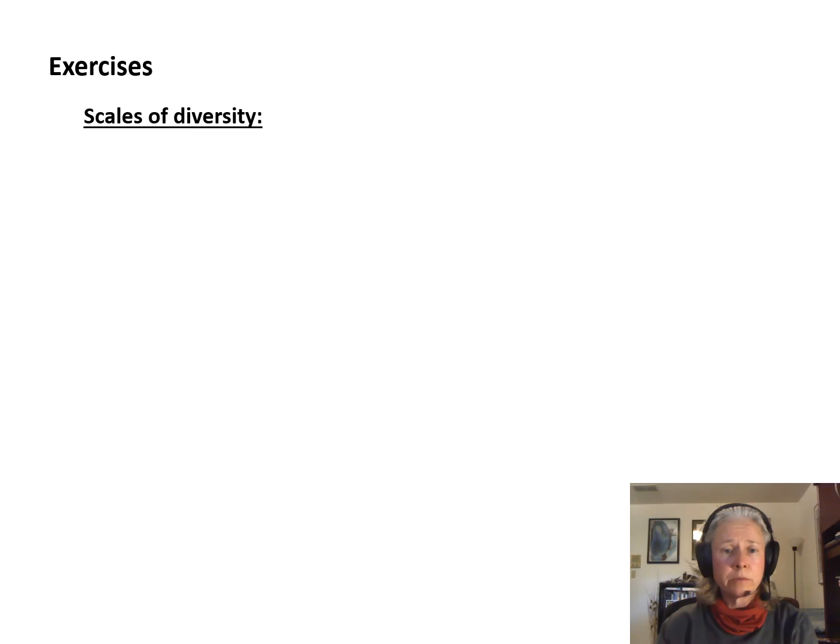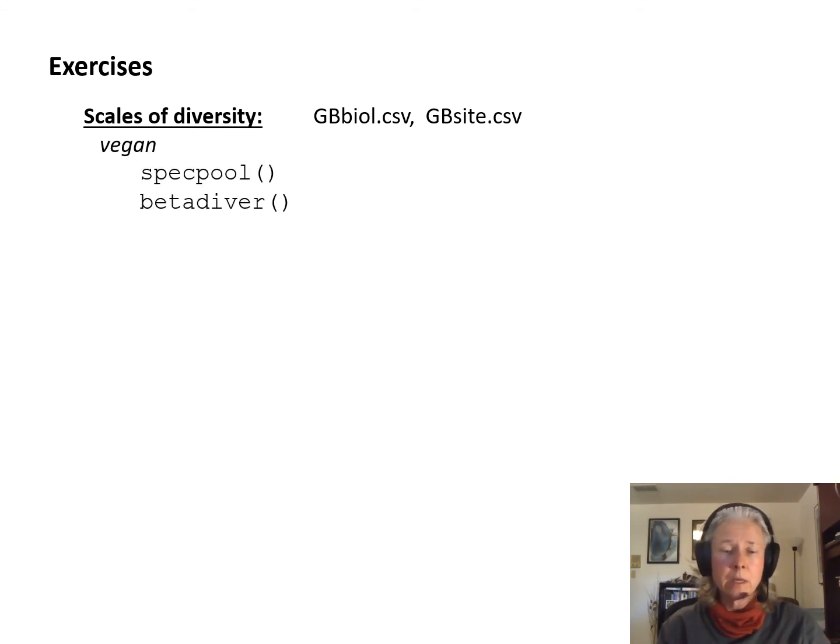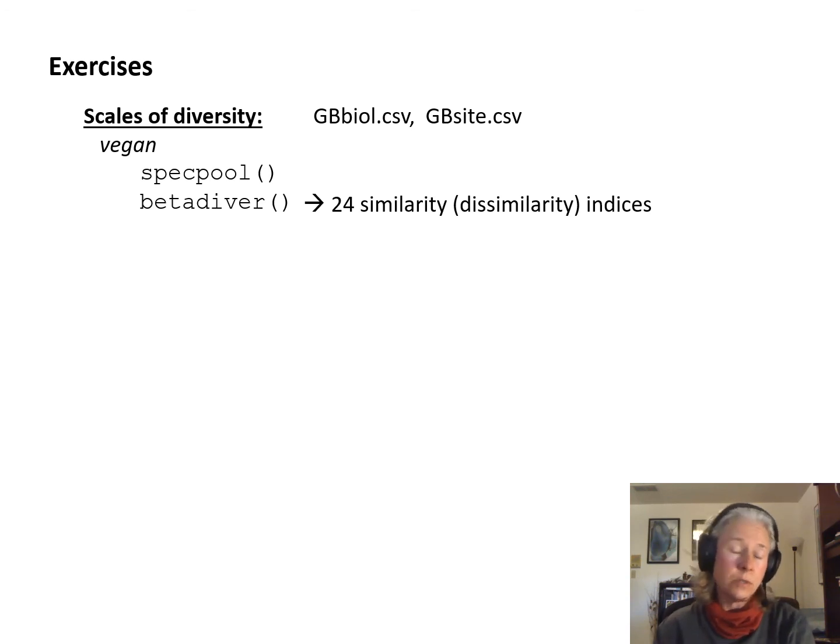For scales of diversity, because beta diversity compares diversity across habitat types, not only did we use the GB BIOL data, we also used the GB site CSV file. And again, we used vegan specpool, but also the betadiver command, which gives you 24 similarity indices, or actually dissimilarity indices, because they're looking at turnover or differences.